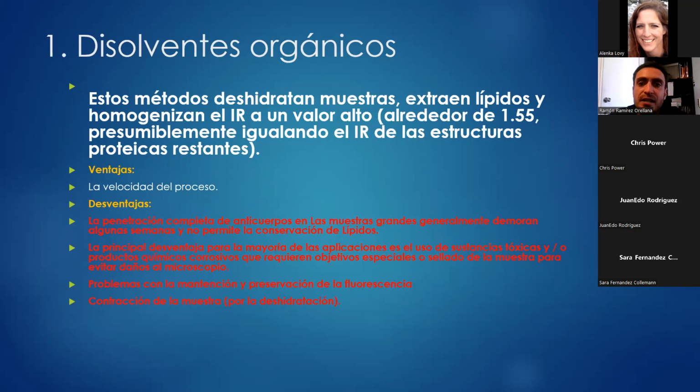Y una de las principales desventajas es que utilizamos sustancias tóxicas que pueden dañar tanto la fluorescencia de la muestra como también los objetivos. Por tanto, se necesitan requerimientos especiales de los microscopios para poder visualizar este tipo de muestras. También tiene problemas con la mantención y la preservación de la fluorescencia, y como les comentaba, existe una contracción de la muestra debido a la deshidratación.